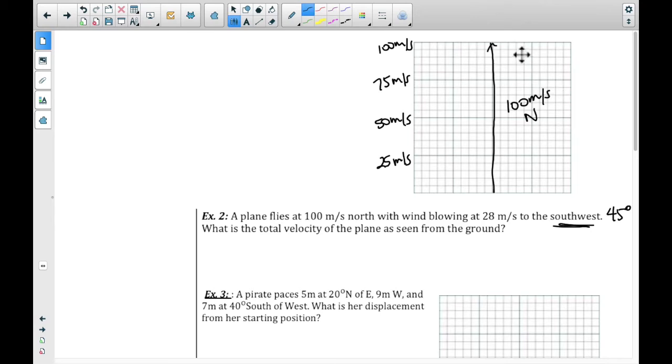Now, it has a wind blowing at 28 meters per second to the southwest. Like I said, that is going to be a 45-degree angle. So I'm going to go in this direction, and it is 28 meters per second. I'm honestly not positive how long to make that vector.